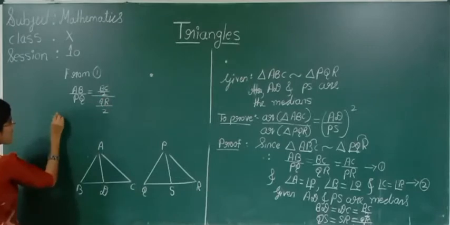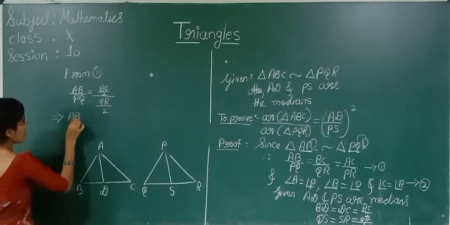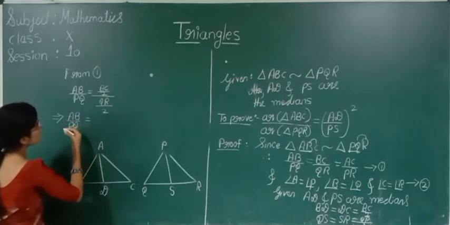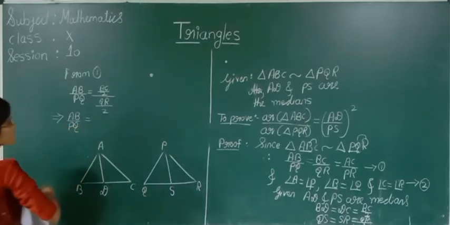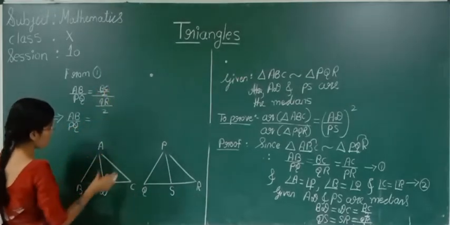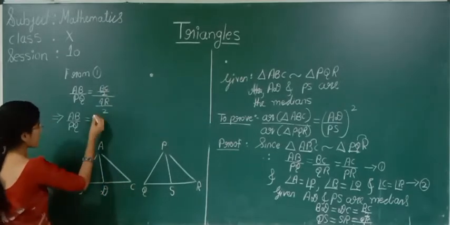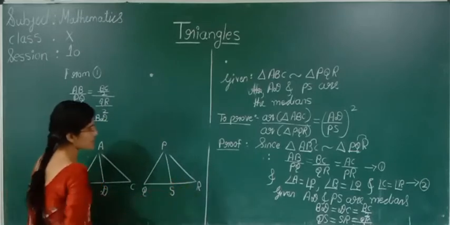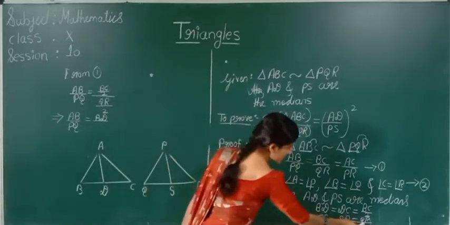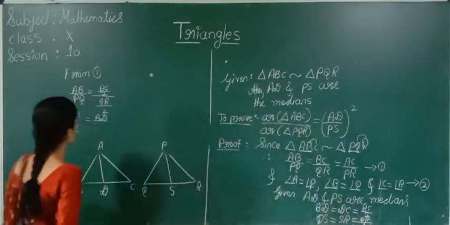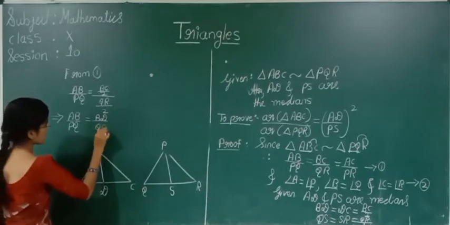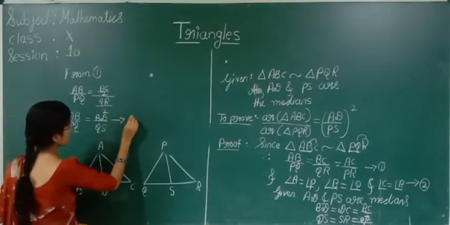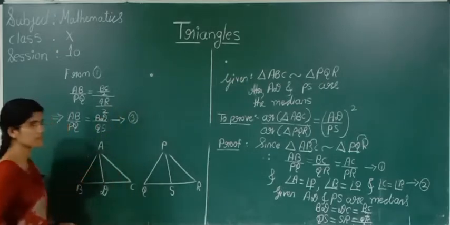This implies AB by PQ is equal to, what is BC by 2? I can write it as BD, and QR divided by 2, I can write it as QS. Call this as equation number 3.